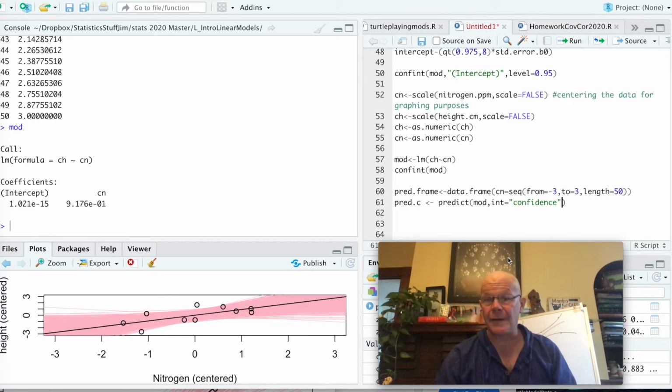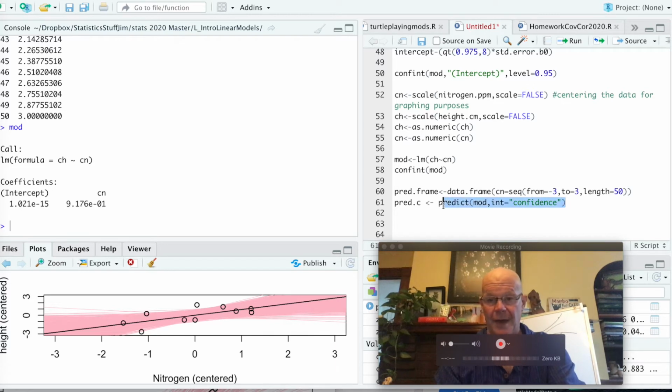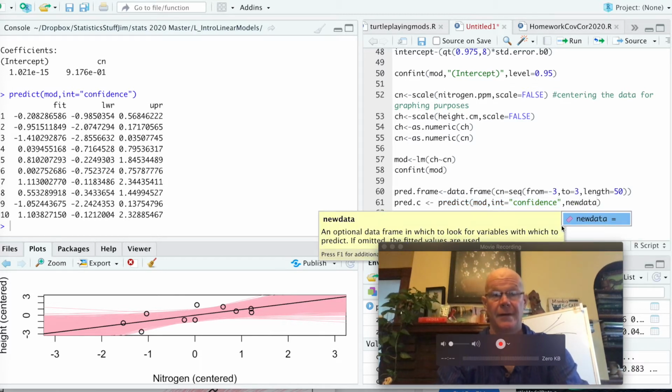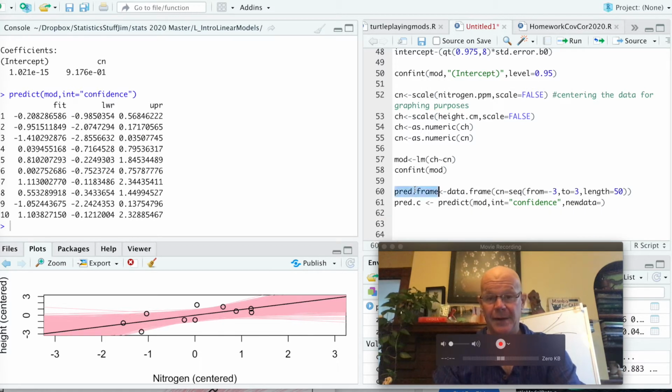And then I'm going to give it new data. So if I were to just run that, that's going to just give me my actual data, my fitted values and my uncertainty around my fitted values. If I want to give it a whole range of data, I could say new data equals, and it's going to be all of those possible values.